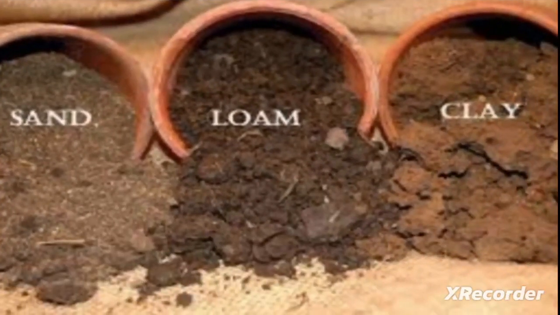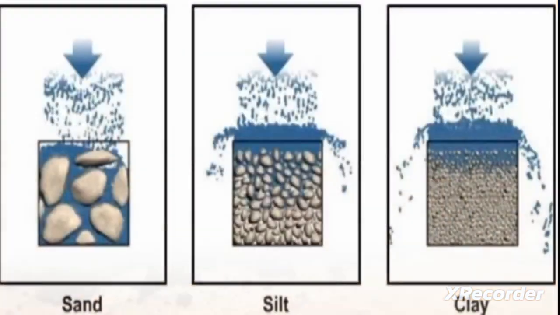These are soils. We have sand soil, we have loam soil, and we have clay soil. We are also going to look at the characteristics of these soils. We need to understand that sand soil has a good number of spaces or pores within it.